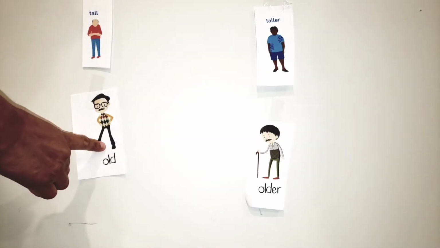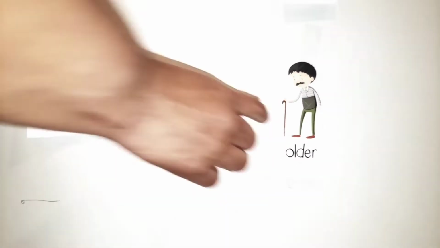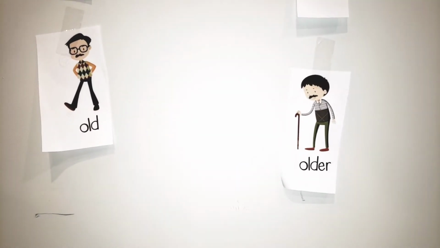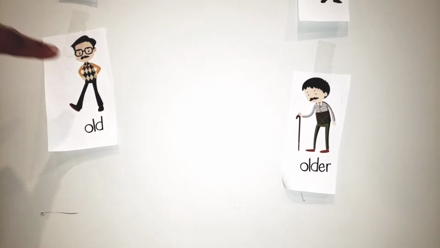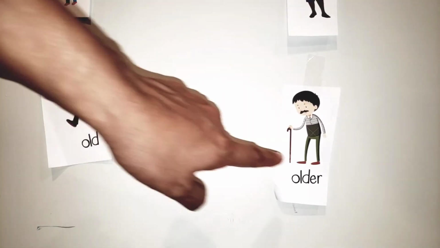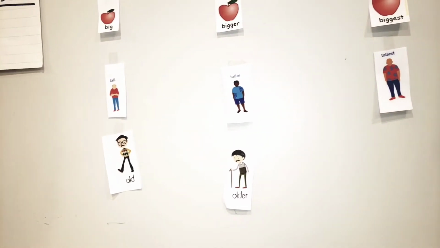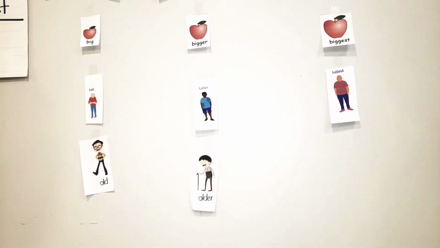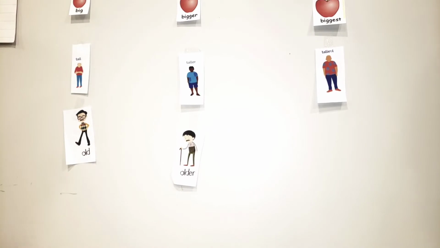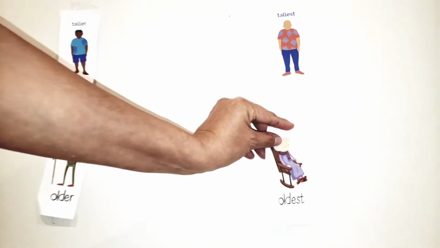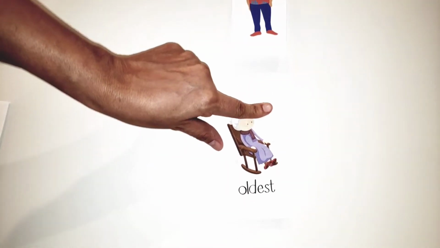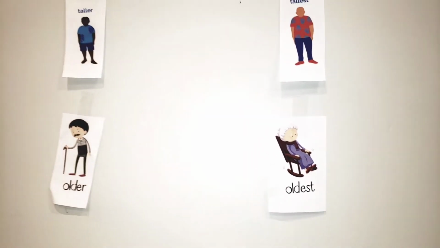I'm comparing the old guy and this guy, two men. The man is old. This man is older. Superlative. That man is the, good job. I heard you all, oldest. Good job, boys and girls. Now I want you to look at this chart.